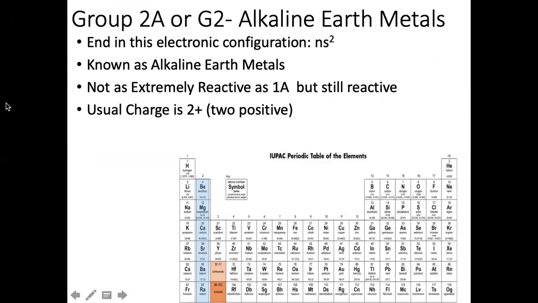Now, group 2A or group 2 is known as alkaline earth metals. It ends in the electronic configuration of Ns2, known as alkaline earth metals. Yes, they are active, but not as extremely reactive as group 1A, but of course, they are still reactive. And the usual charge is 2 positive, meaning to say they have to give up the 2 electrons.